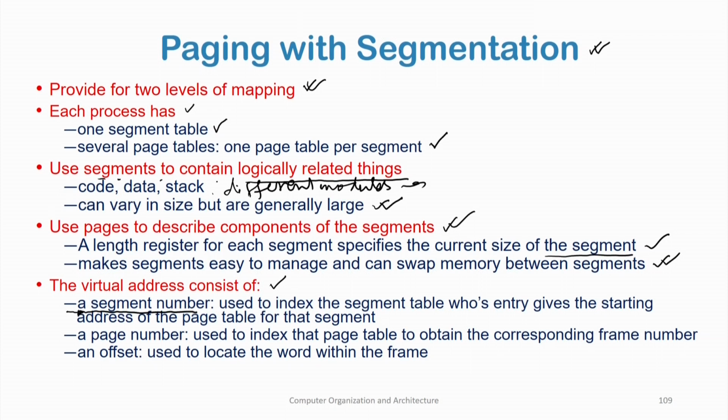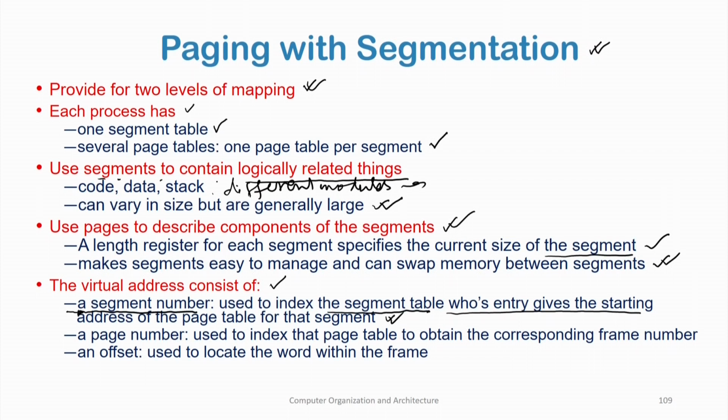The segment number will be used to index the segment table, whose entry gives the starting address of the page table for that segment. I have divided my process into a number of segments, and each such segment now has a separate page table.